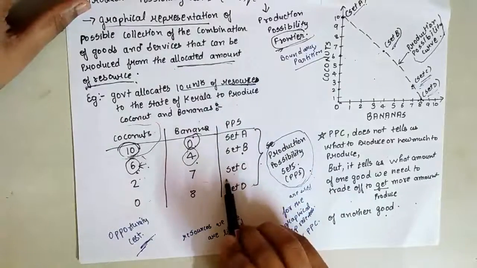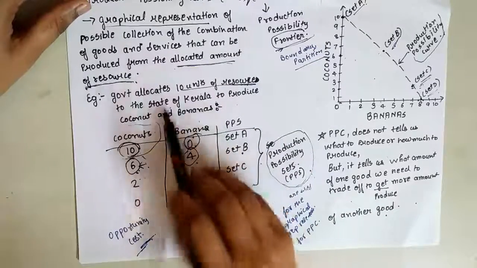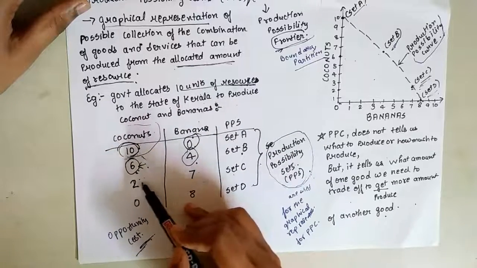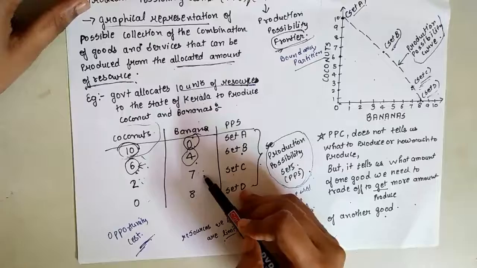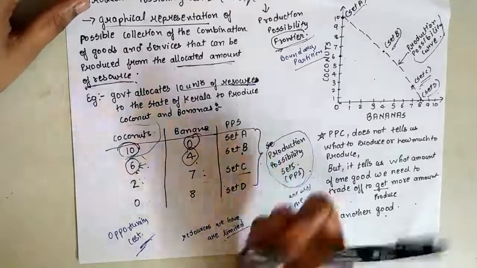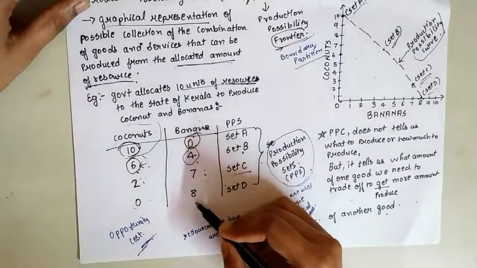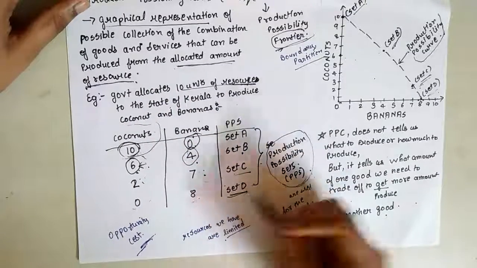In that situation, say the Kerala government decides to produce 2 units of coconuts and 7 units of bananas. This could be set C, and so on. 0 units of coconuts and 8 units of bananas could be set D.